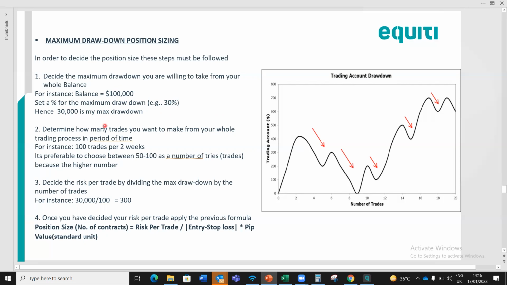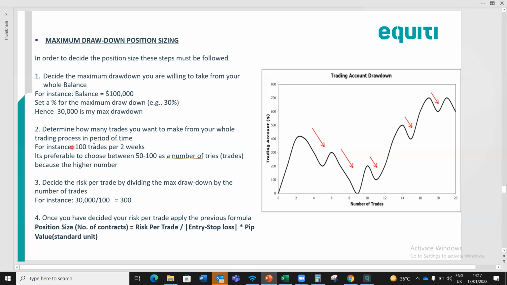The number two thing you're going to do, remember, the drawdown is the maximum you want to expose to risk in your account, which is 30%, or $30,000. The next step is to determine how many trades you want to make in a period of time.